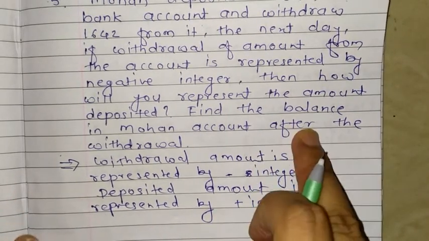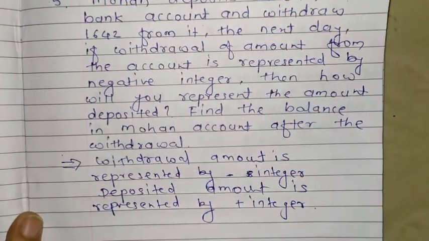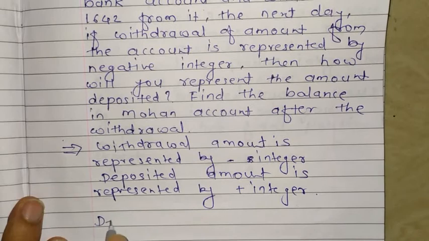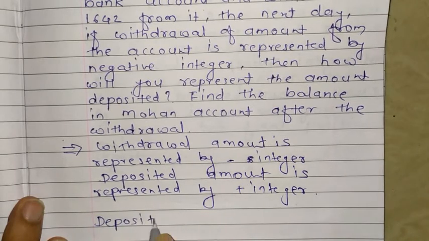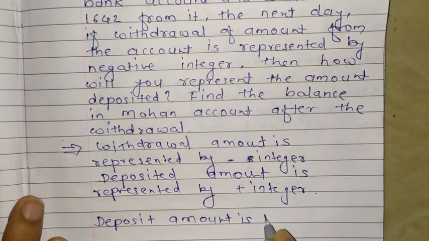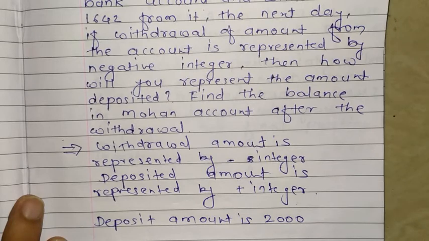And here you have to calculate balance. So Mohan deposit amount is, or you can here directly write deposit amount is, you can write in your language also, no problem, 2000 rupees.